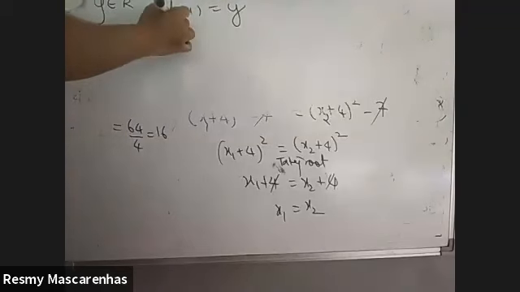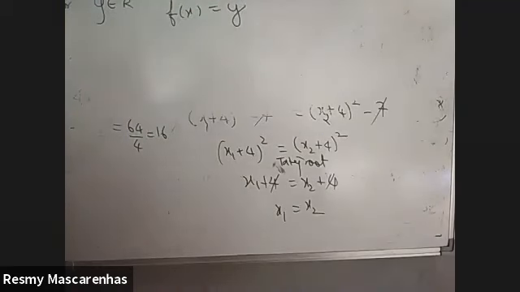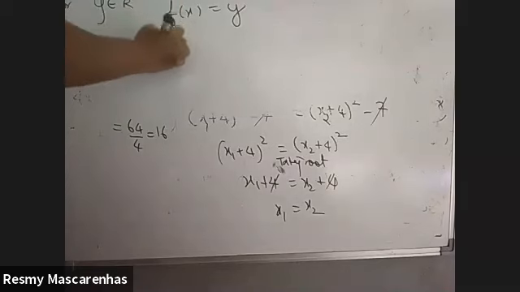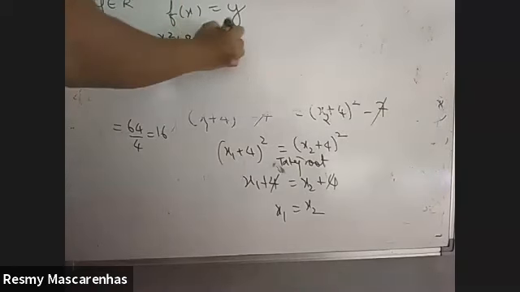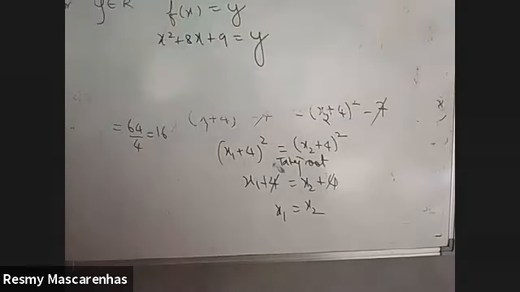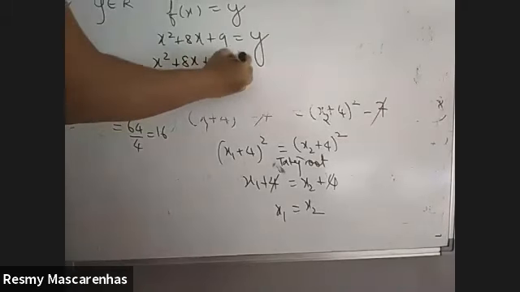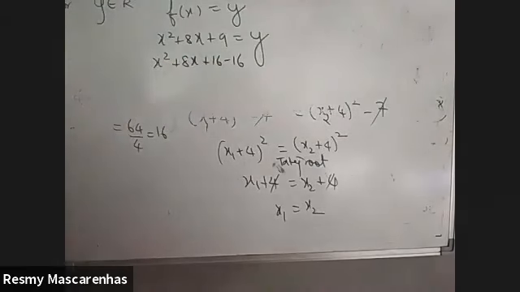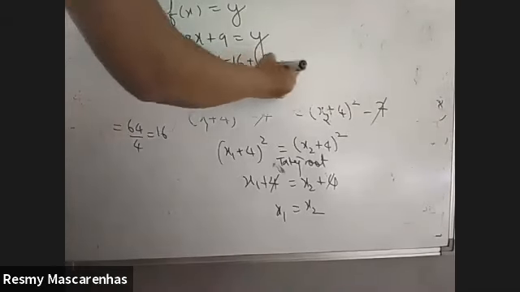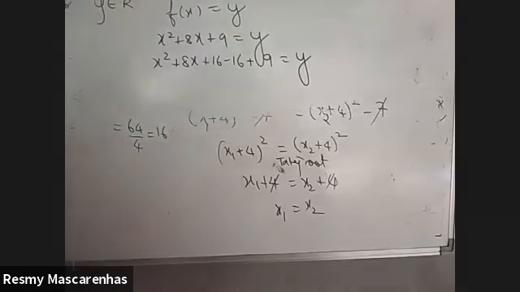f of x is equal to y. So that will be x square plus 8x, that will be equal to y. Again, the same balancing you have to use. I by mistake solved the 6th one.